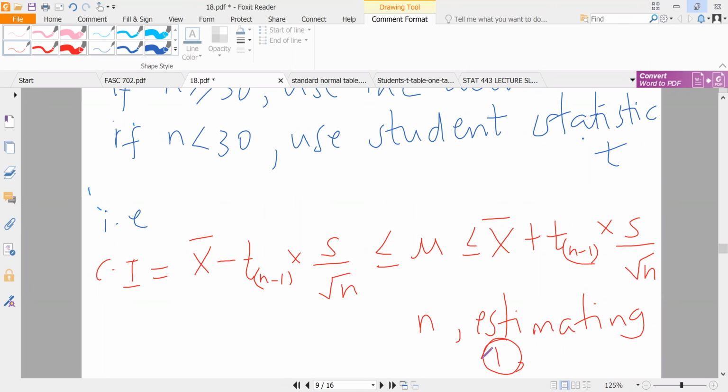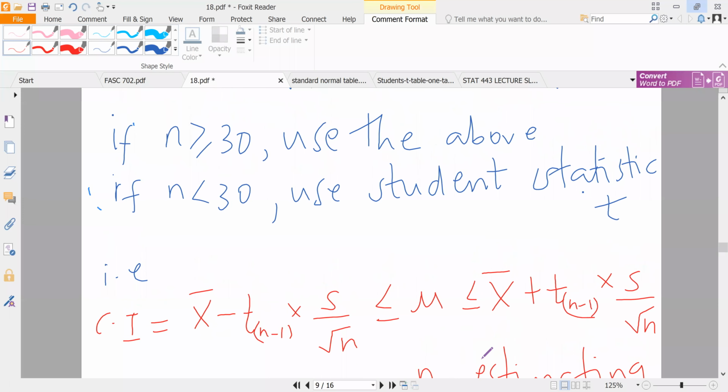And that is why we are saying that if N is any value greater than or equal to 30, then we have a scenario where there is a sufficiently large sample size, depending on your population and the ideal sample size.